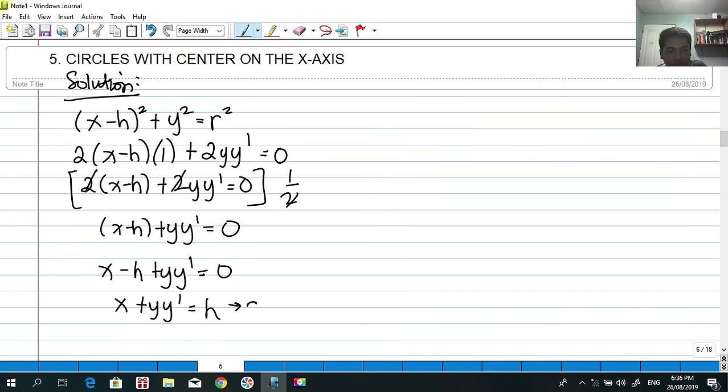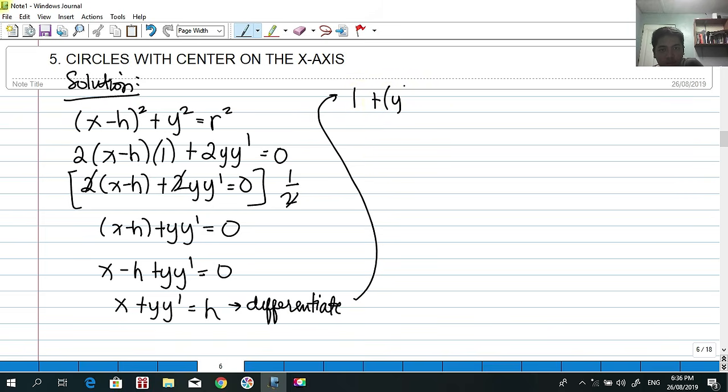Then differentiate again. This is the second time we're going to perform the differentiation. So we have the derivative of x is 1, plus this is a product rule: copy the first, then multiply it by the derivative of the second, so y double prime, plus copy the second one, y prime, times the derivative of the first, which is y prime also.